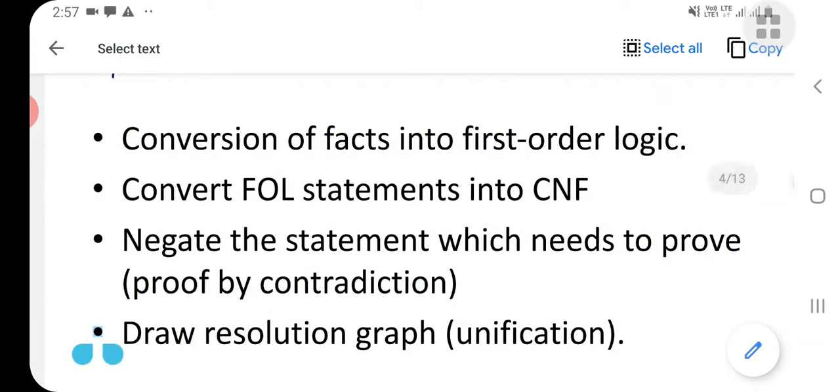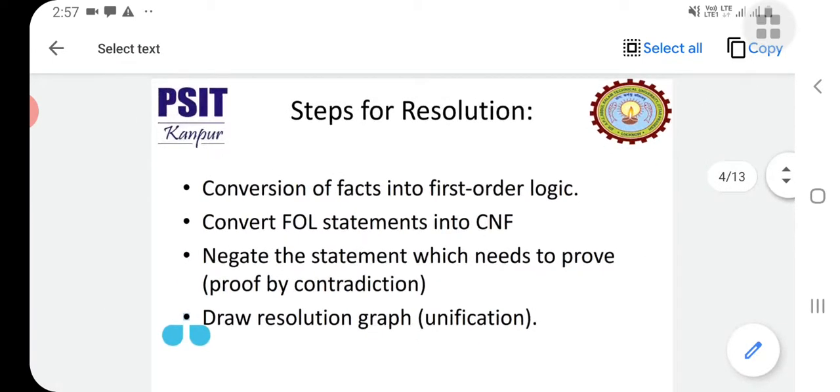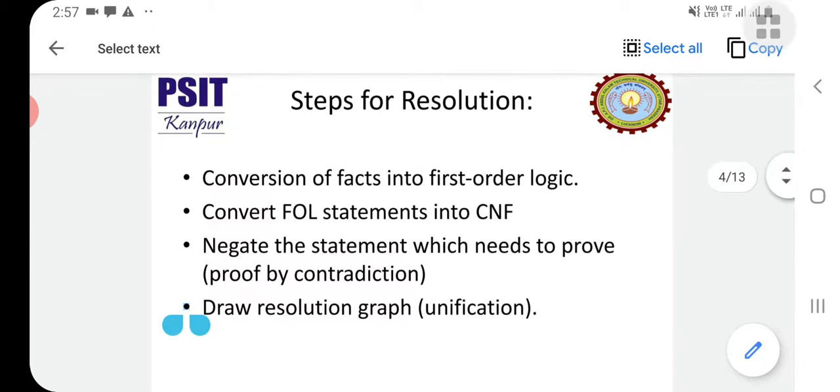And third step is to negate the statement which needs to be proved. Let's suppose you want to prove that few boys are stupid. For this conclusion, you have to negate that conclusion. That means few boys are not stupid.